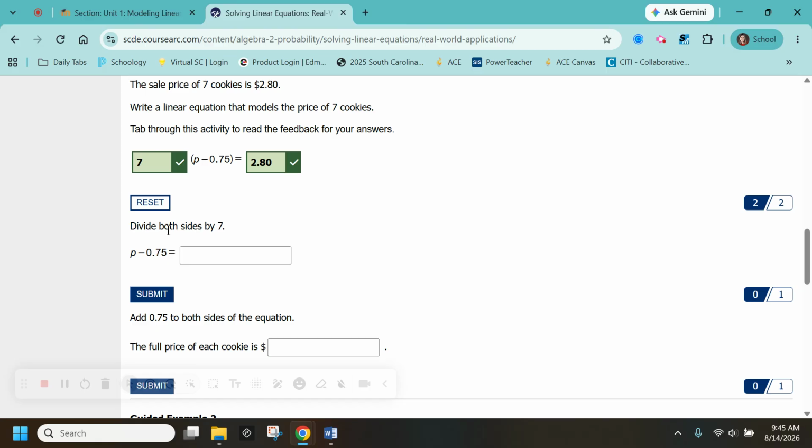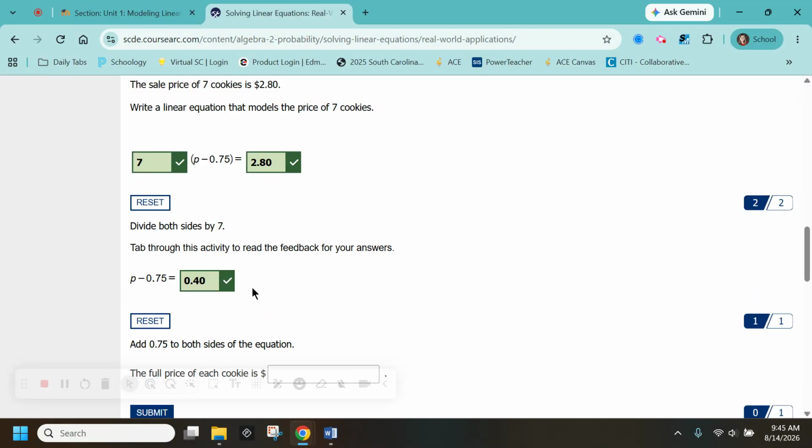Then instead of distributing that 7 to the P and the negative 0.75, what they did here was the other method of just dividing both sides by that 7 first. And so 2.80 divided by 7 is 0.4, but since we are talking about money, make sure to throw that extra 0 at the end. Otherwise, it will mark it as incorrect.